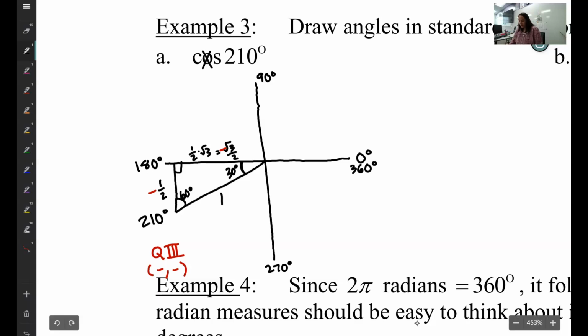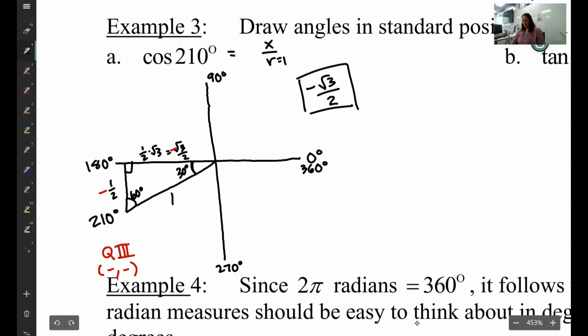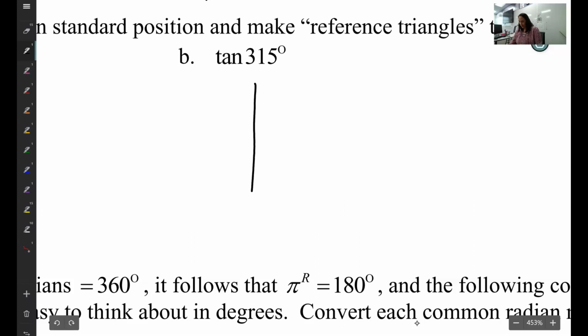Cosine is your x over r. But for the unit circle, r is 1. So this is really just the x value, because we don't need to divide by 1. So the x value is negative root 3 over 2.